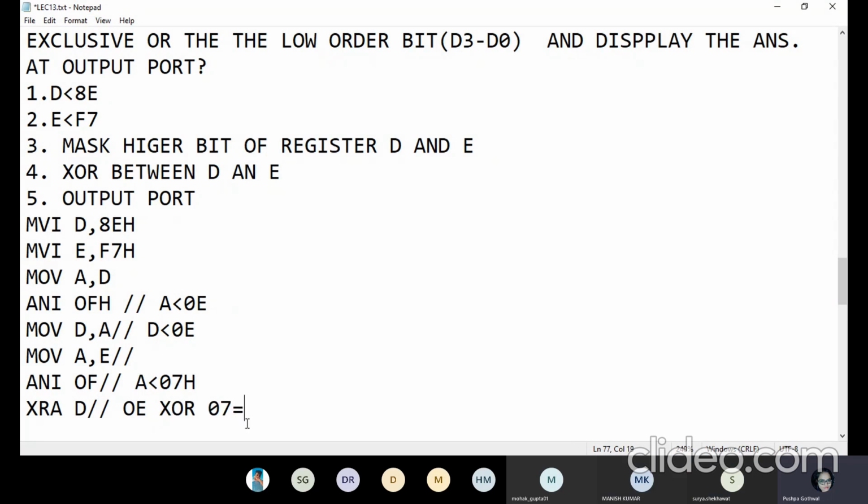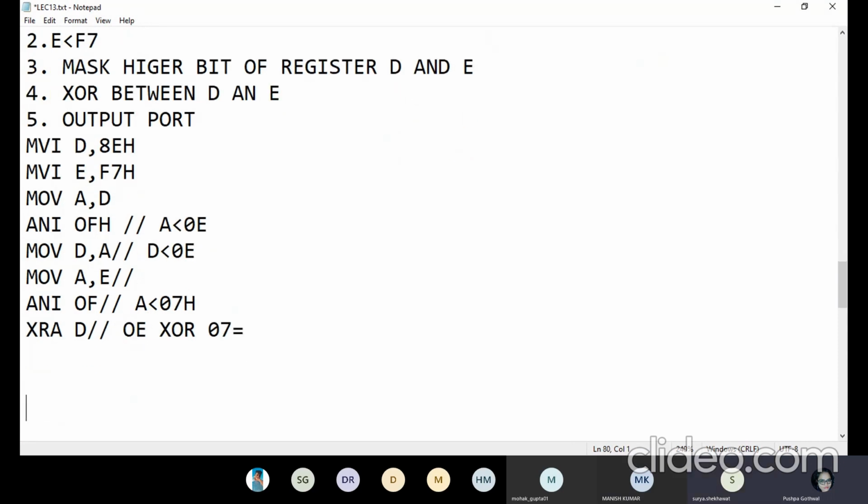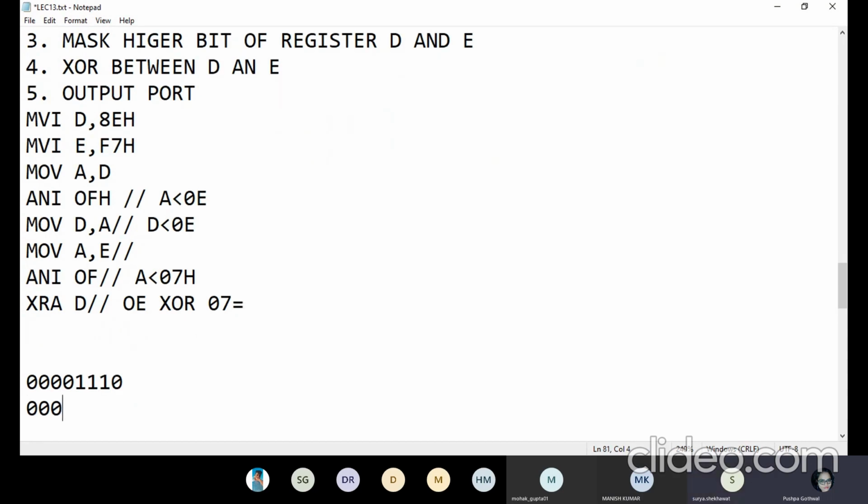What will be the answer? If you XOR 0EH and 07H, 1110 with 0111, you get 1001. Yes, correct, 09H. So you are getting 09H here.